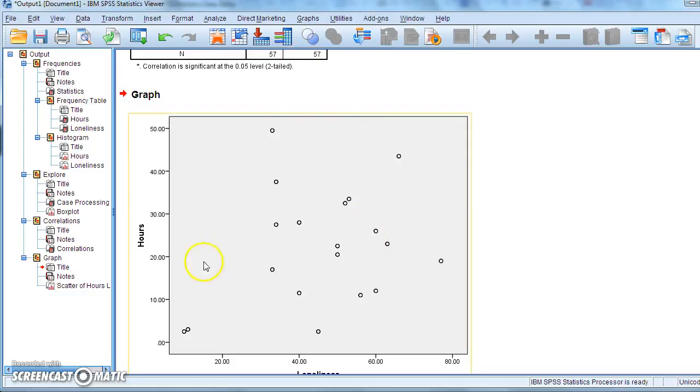And we can see there that it's a bit like somebody's fired a shotgun at a door, but there's a sort of positive relationship. It's generally kind of going up here, although you can see it's a weak relationship because there's a lot of, this person is scoring very highly on the hours, but isn't scoring very high on the loneliness. Okay, so people aren't falling into line particularly well.